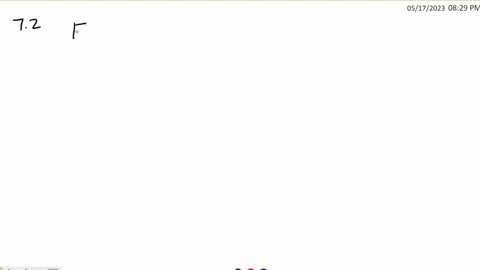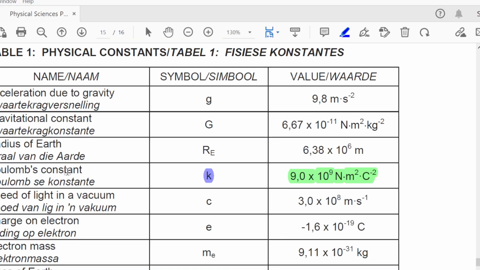So the formula says F is equal to K Q1 times Q2 all over r squared. The value for K is Coulomb's constant, 9 times 10 to the power 9. It's a constant.